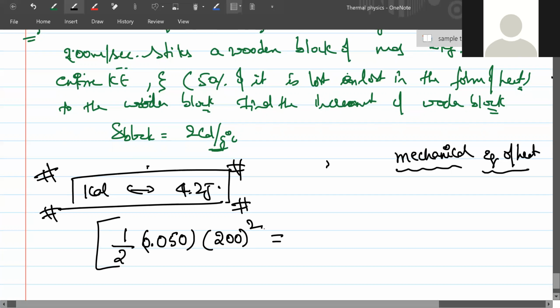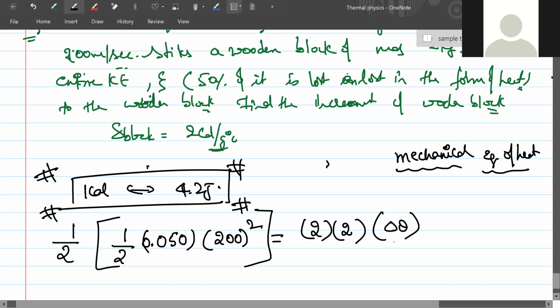This is kinetic energy, and 50% of it is converted, that means again into half. That is equal to mass of the wooden block, which is 2, specific heat is 2 calorie per gram, into delta theta.